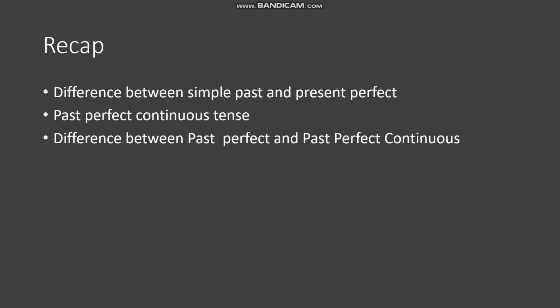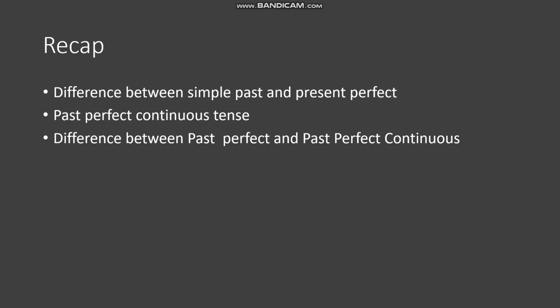So, before we end the presentation, let us do a small recap. We did the difference between simple past and present perfect. We understood what is past perfect continuous tense. Past perfect continuous tense indicates an action that occurred before a certain point of time in the past, had continued up to that moment, and was still in progress at a moment, or had recently finished.